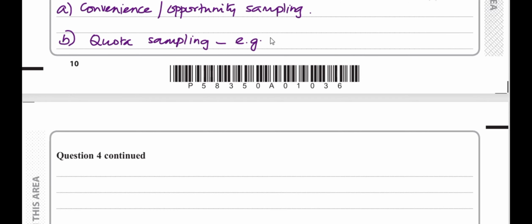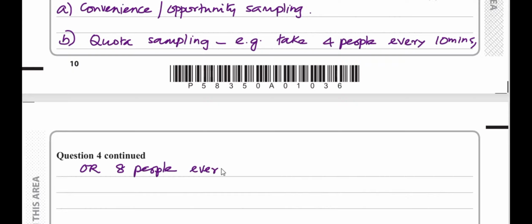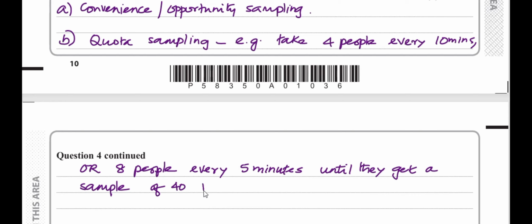Example: take 4 people every 10 minutes, or 8 people every 5 minutes, until they get a sample of 40 workers.